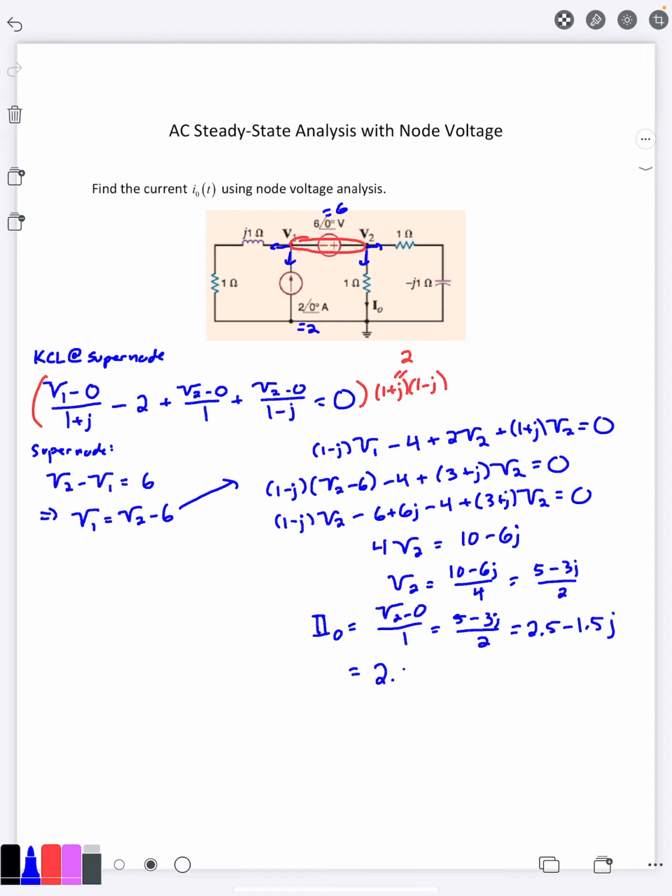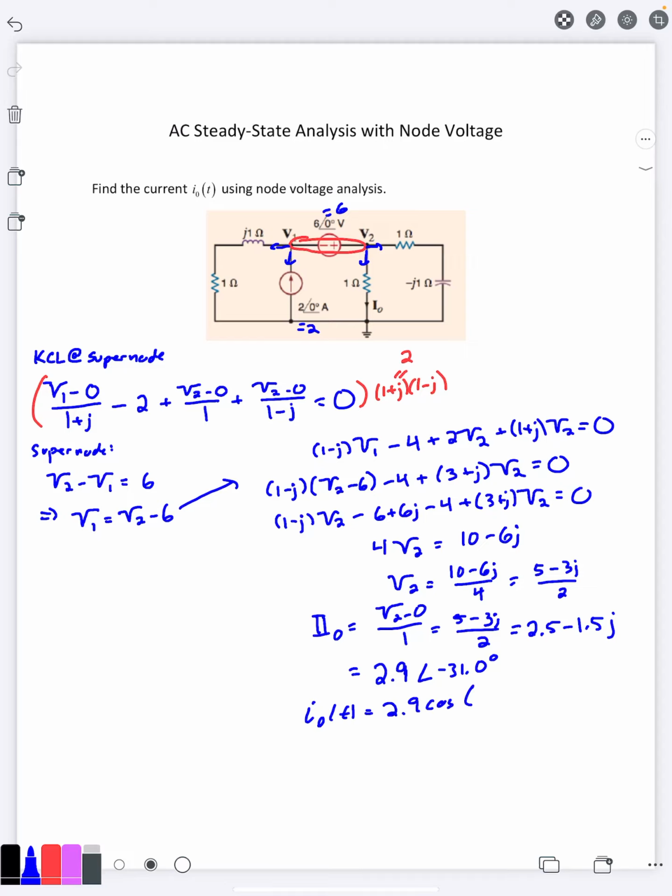We're going to get 2.92, 2.91, doesn't really matter that much. I'll just say 2.9. And then angle negative 30.9, or really negative 31.0. So then that means my I0 of t is 2.9 cosine.